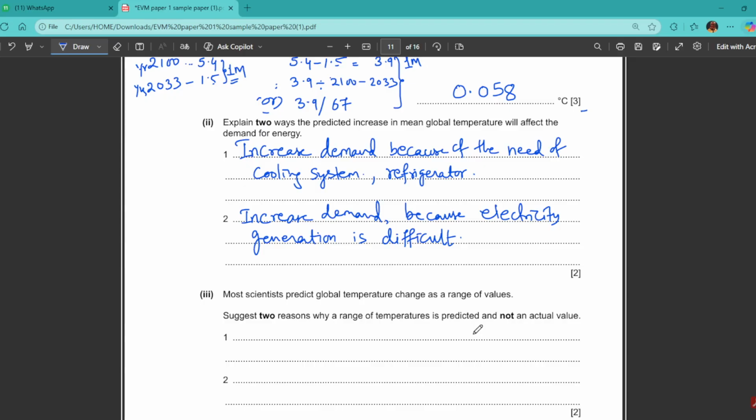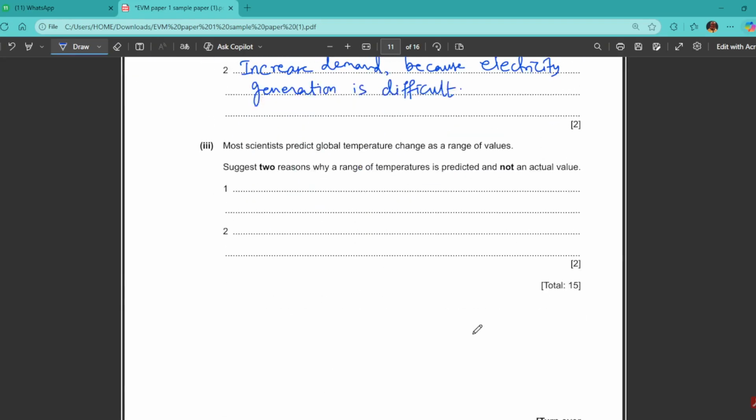Okay, I think we are at the last part of the 4th question. Most scientists predict global temperature change as a range of values. Suggest 2 reasons why a range of temperature is predicted and not an actual value. Why do we predict the range and not the actual value here? Because this is a prediction, right?